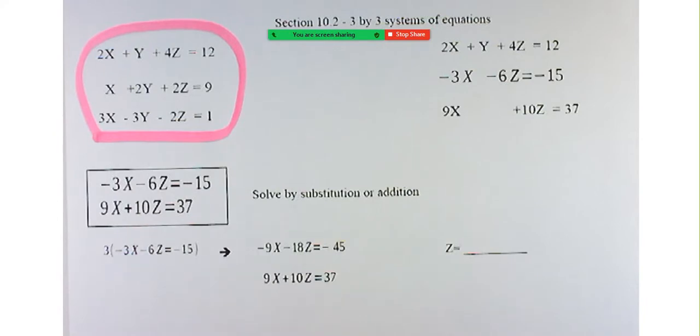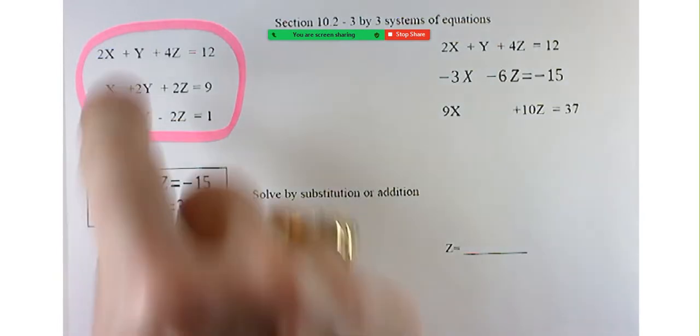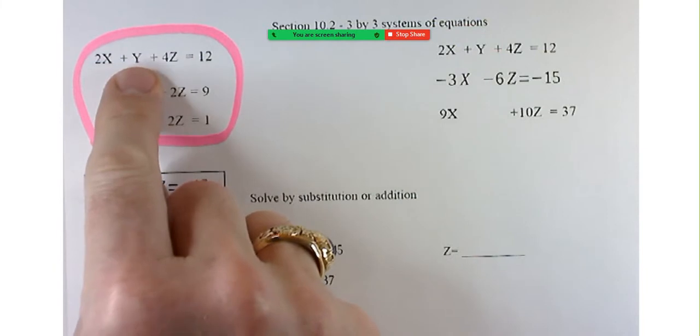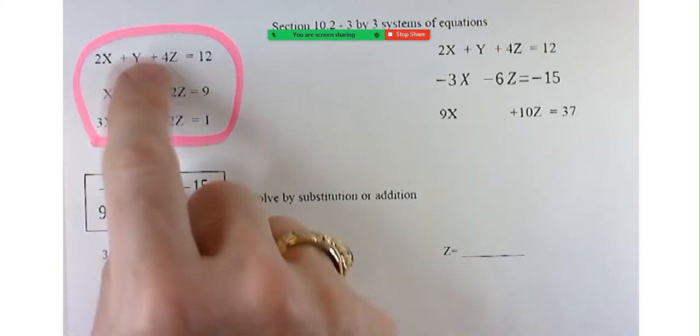And what I'm going to do is use one of these equations to eliminate a variable from the other 2. Now, you don't have to always eliminate the first one, the x. You can eliminate any variable. So what you should look for are things that have a coefficient of 1 or -1.